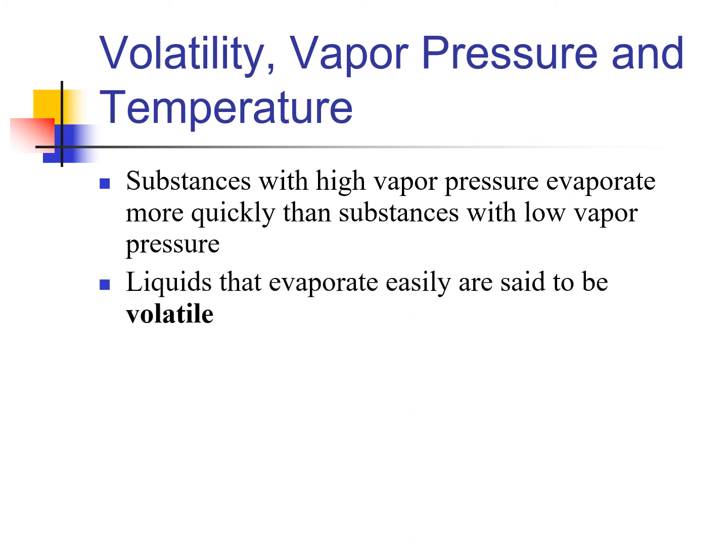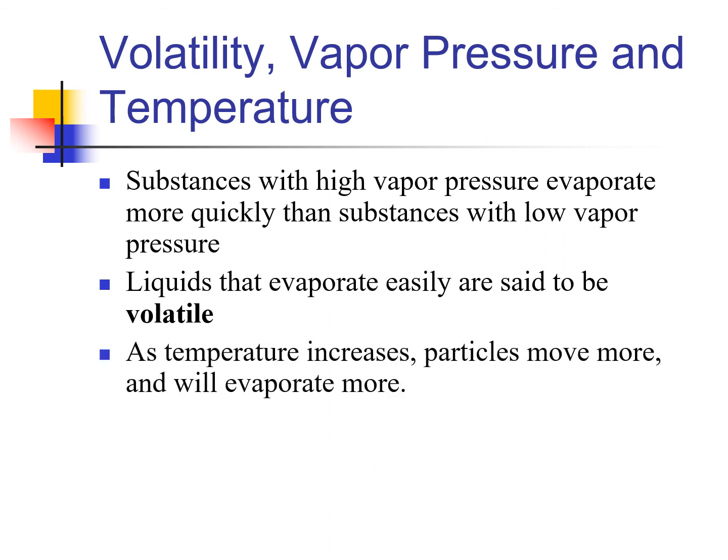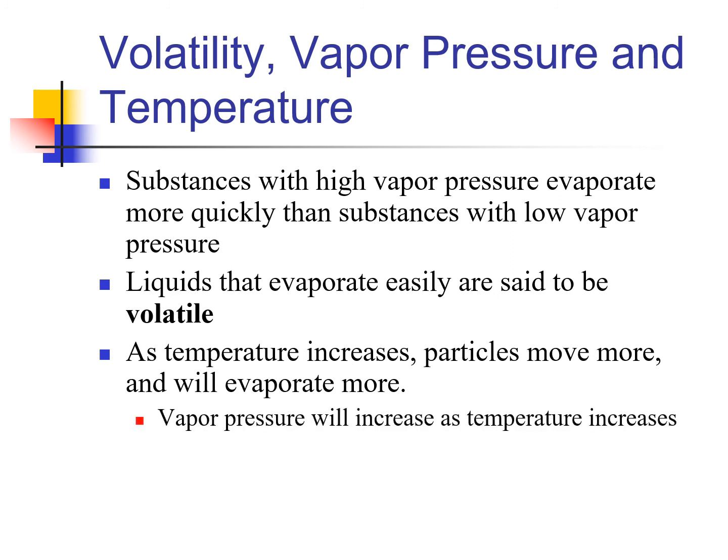So we call liquids that evaporate easily, liquids that have a high vapor pressure, volatile liquids. And as temperature increases, the particles are moving around more, and that means more will evaporate, that means vapor pressure increases. So vapor pressure does go up as temperature increases.